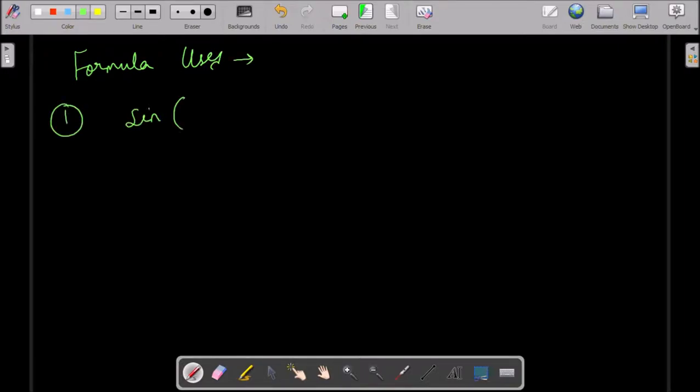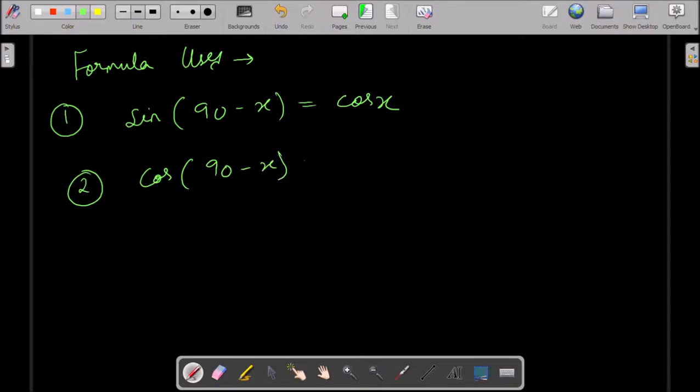Sin 90 minus x equals cos x. Second formula, cos 90 minus x equals sin x. Third formula is the definite integration formula.